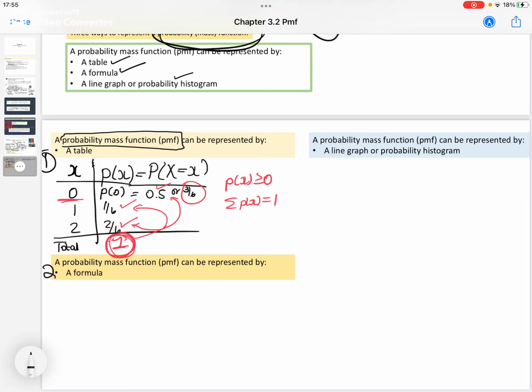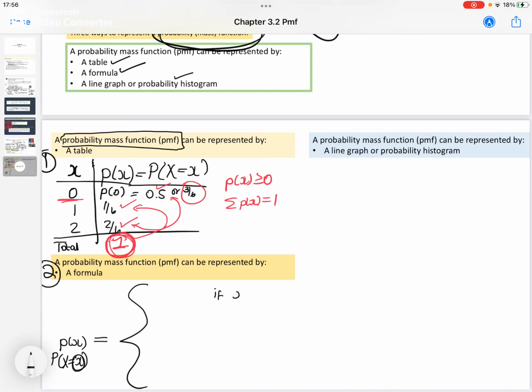So that was the first way of representing. Now secondly, how do we represent the PMF in a formula form? We will write down P(x) equal to, remember P(x) calculates the probability that x is equal to that specific possible value. So we'll write P(x), an equal sign, and you use this large curly bracket. And you will write down the probability for each possible value of random variable x.